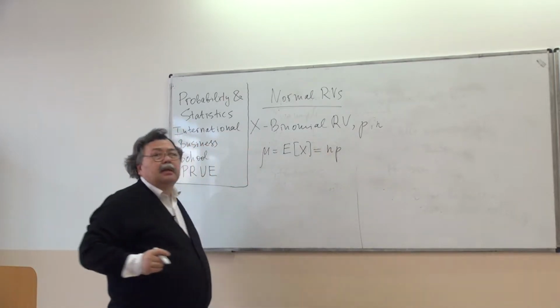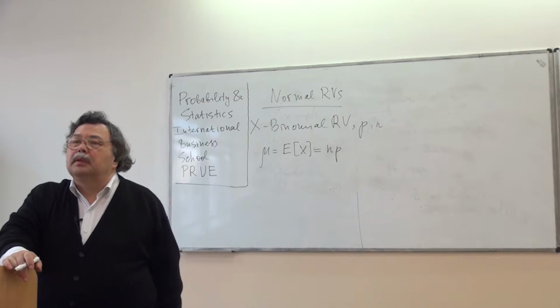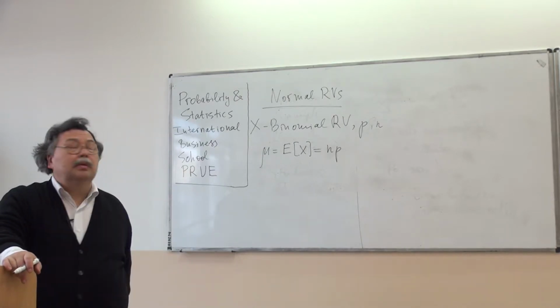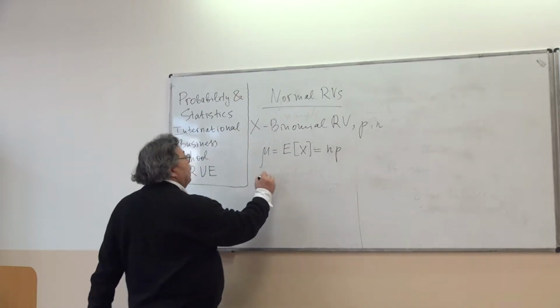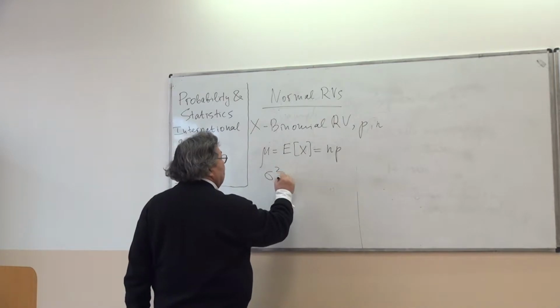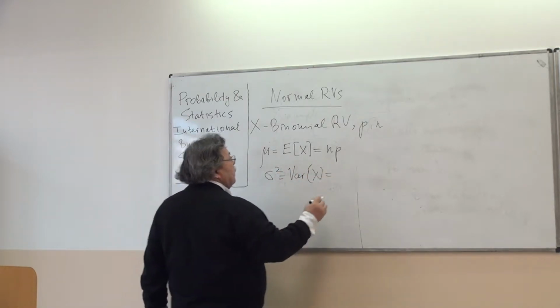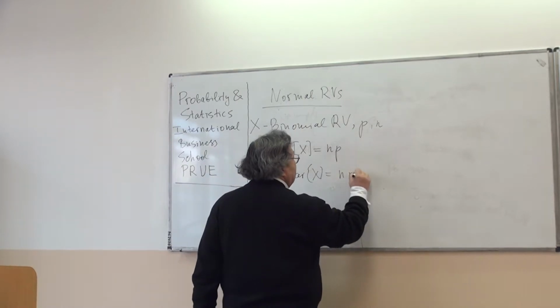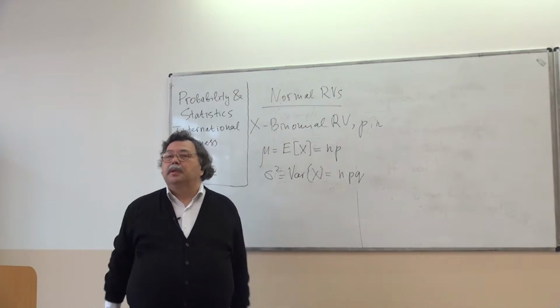So for such a random variable that results from n Bernoulli trials performed in a row, the expectation is n times p, and the variance is equal to n times p times q. Okay, so this is what we know.